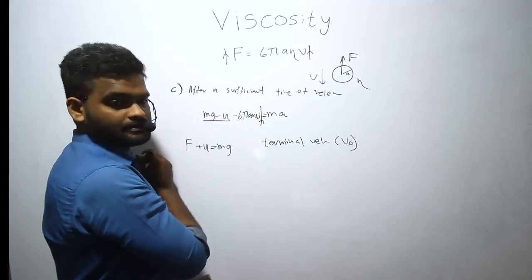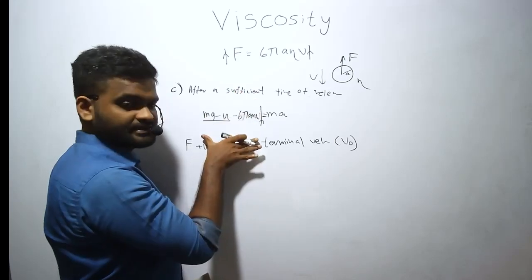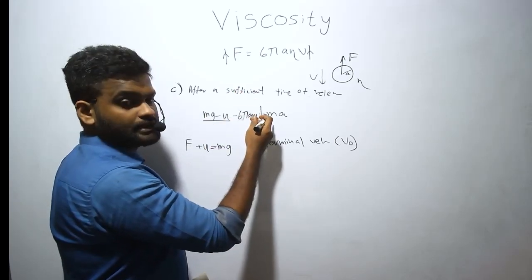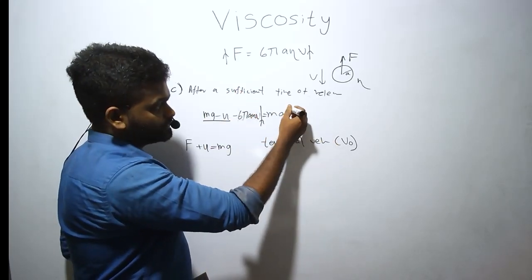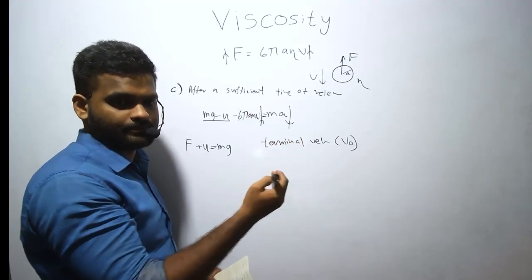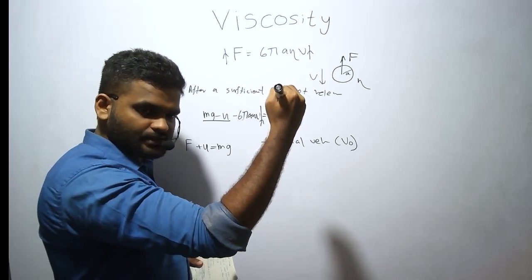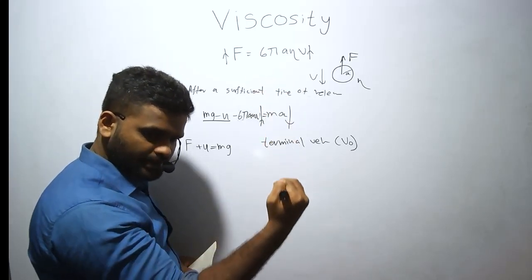This is a constant, right? When this increases, what happens? Whole thing decreases. So the right side of the equation also should decrease, meaning acceleration decreases gradually with time. Starting from the maximum acceleration, then acceleration decreases with time.